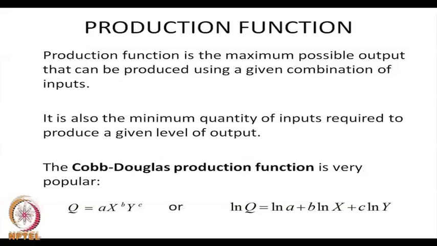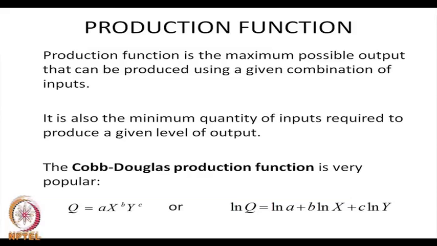To start with, we discuss production function. By production function, we mean the amount of products that is produced because of certain factors, certain inputs such as material, labor, capital and so on.